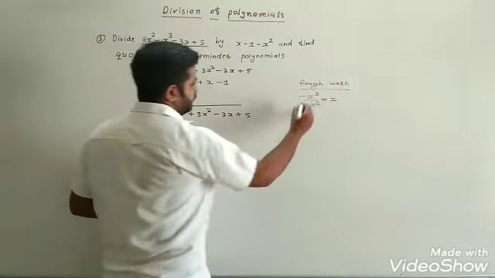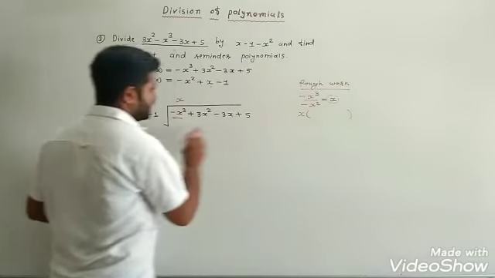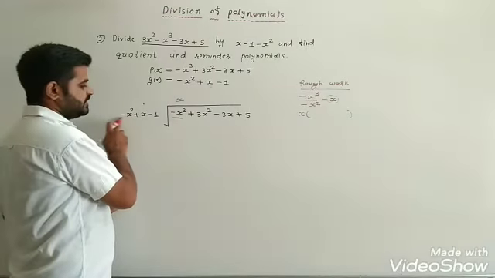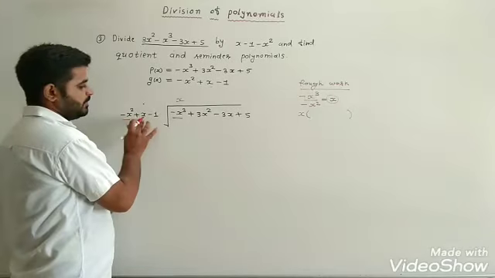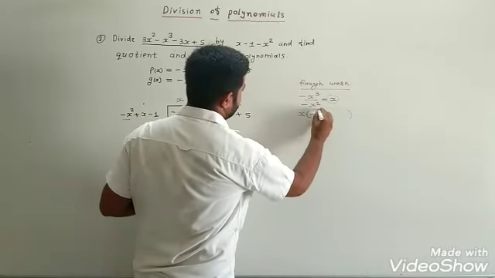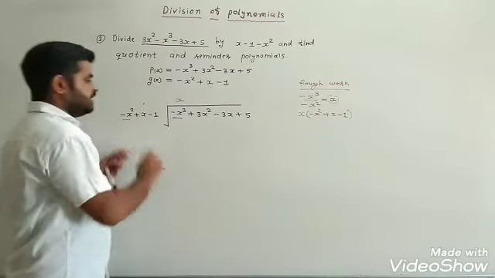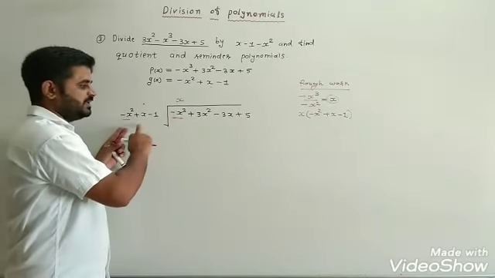Now you have to multiply this x with the whole g of x. G of x means this divisor, minus x square plus x minus 1. I have to multiply this with x.